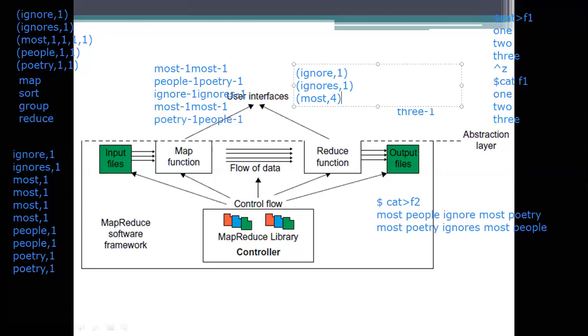So here most has been used 4 times, so it will be specified as a 4. And coming to the next one, people. People has been used 2 times. And coming to the next one, poetry. Poetry has been used 2 times.